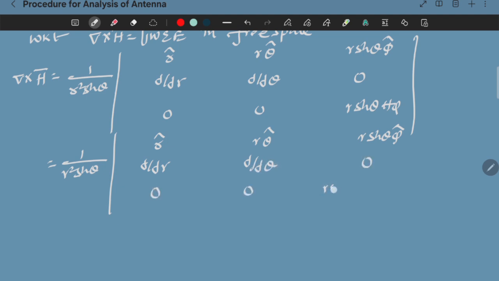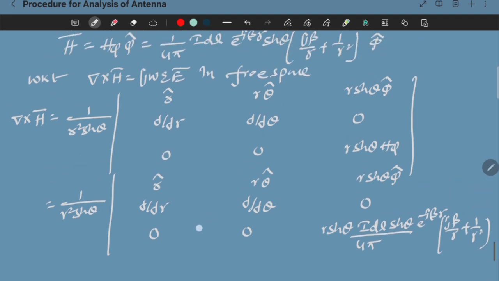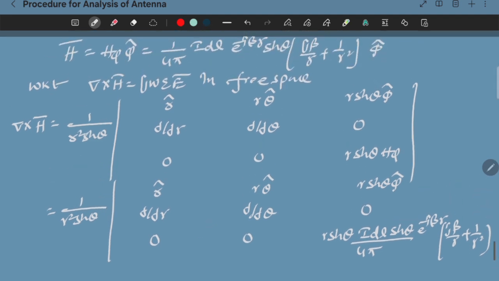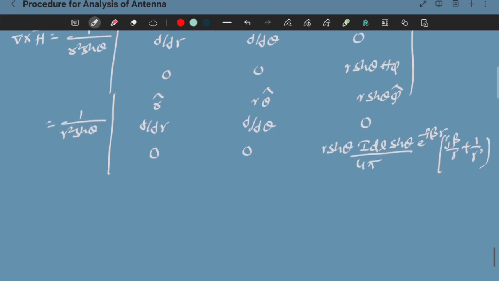What is this one? r sinθ is coming from the formula, and Hφ is Idl sinθ e^(-jβr)/4π, and here jβ/r plus 1/r². You can check Idl sinθ e^(-jβr)/4π into (jβ/r + 1/r²). We can close this determinant.